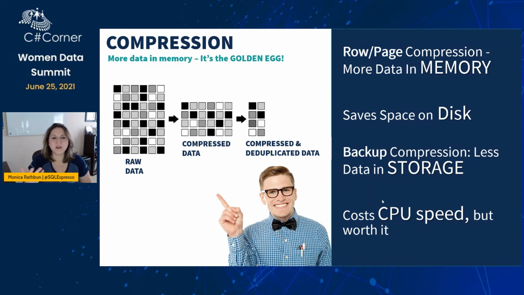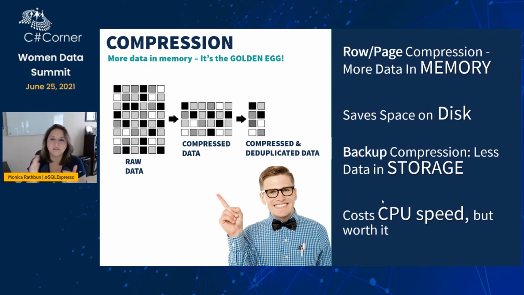So we want to go ahead and use page compression and row compression. Page compression is actually going to compress everything on that page. Row compression is going to take care of the extra space you might have on a row. So if you have varchar 100, for instance, and you're only using 25 out of that, it would bring down the empty space and take it away where it doesn't need it.